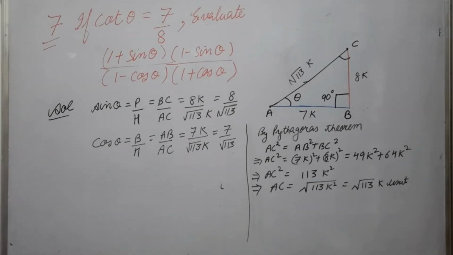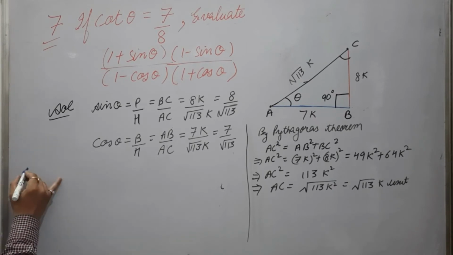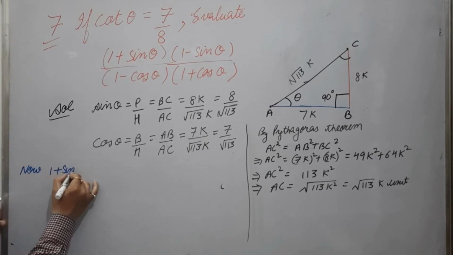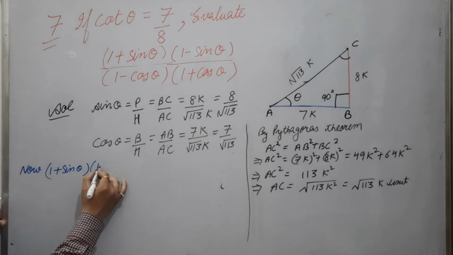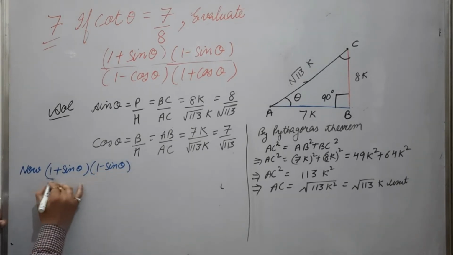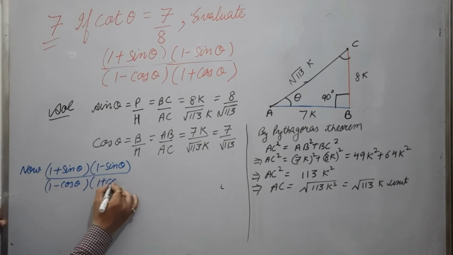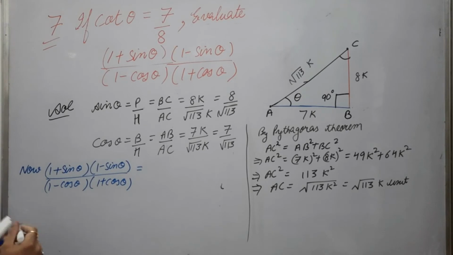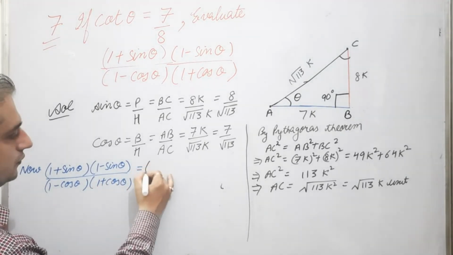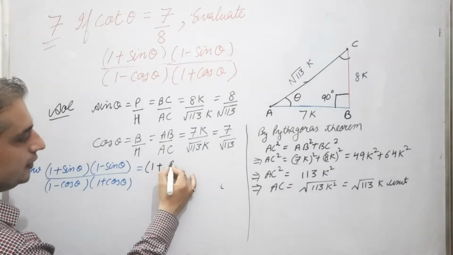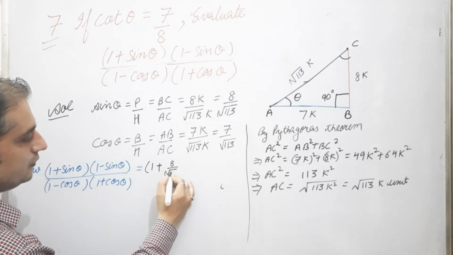Right? So our expression is now 1 plus sine theta, 1 minus sine theta, over 1 minus cos theta, 1 plus cos theta. Right. Just put the values. So 1 as it is, sine theta 8 by root 113.